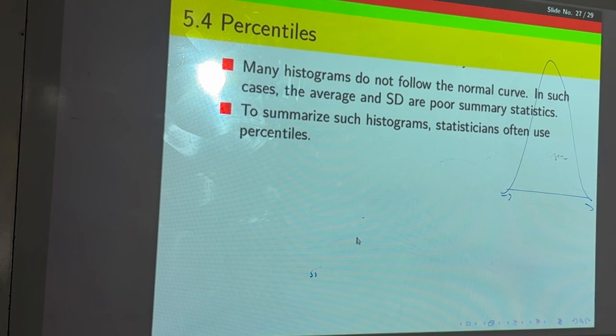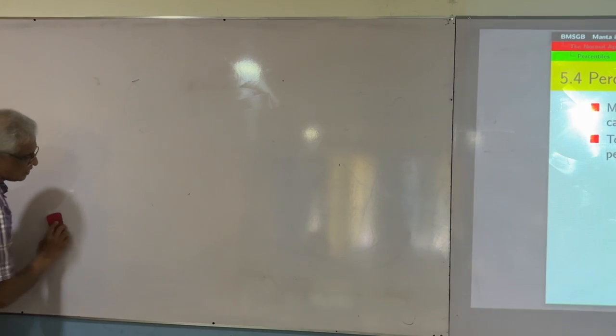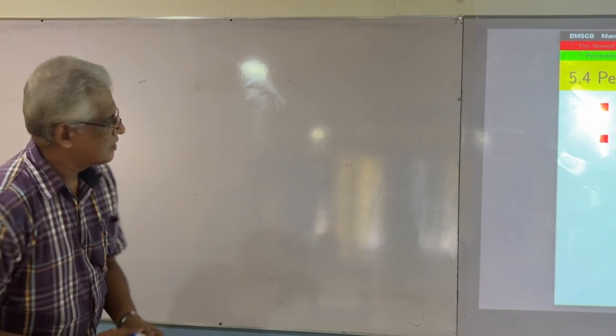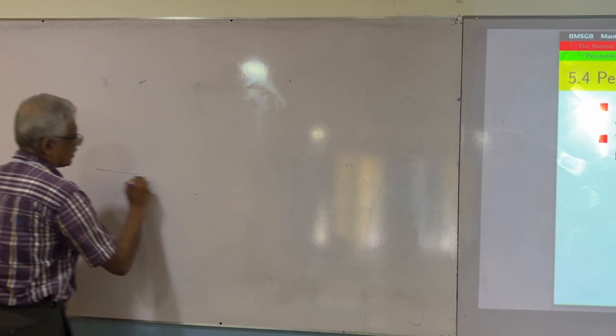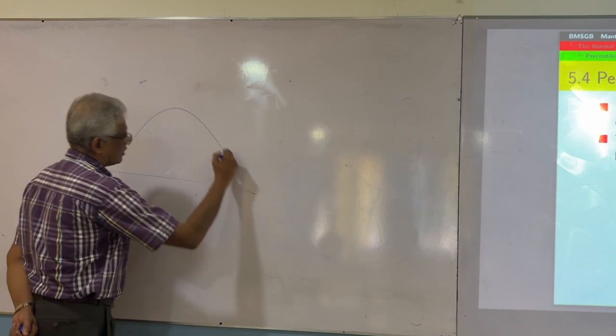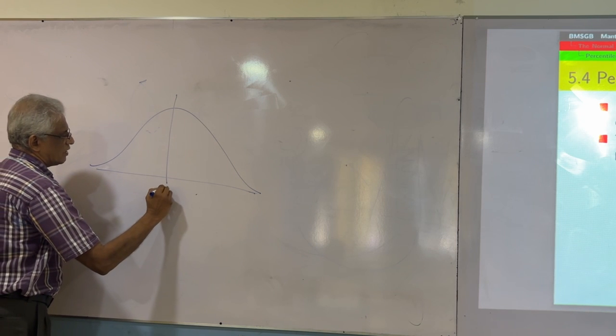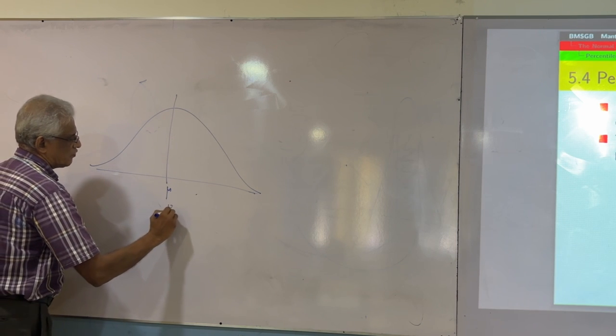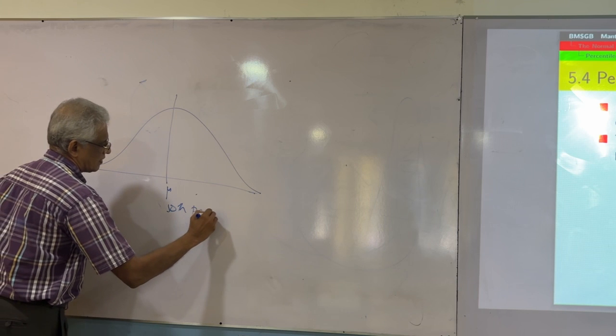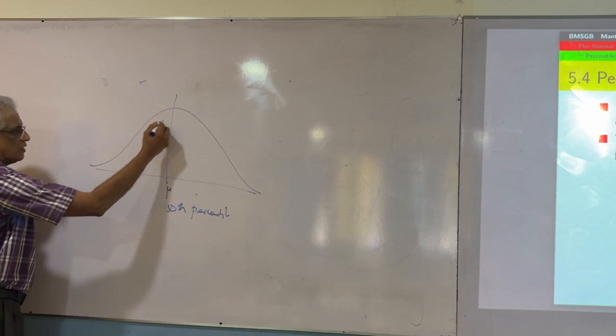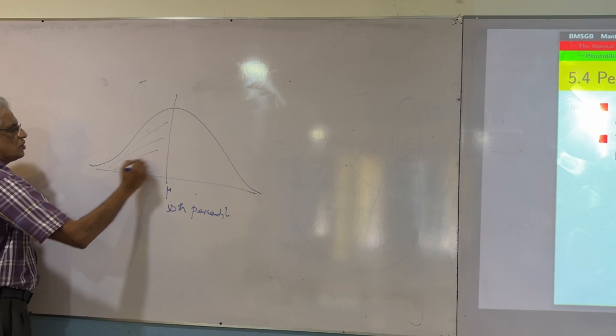And then percentiles. Percentiles are really required when you want to talk about the interquartile range, and even when you want to find the quartiles. Using a histogram, you have, for example, a normal distribution. This value here, the mean, is actually the 50th percentile. That means the area below this is 50%.